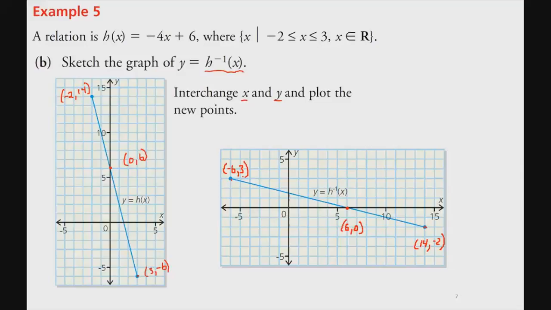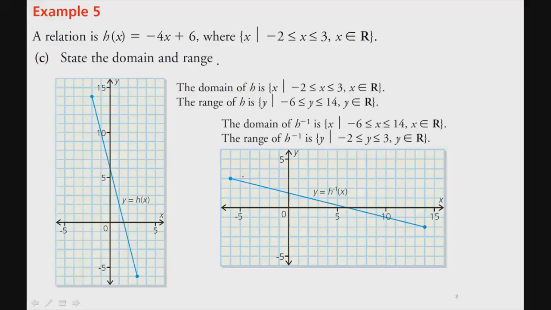So all we need to do is take our graph that is given, flip the x and y values, and replot those points. For stating the domain and range, an interesting thing happens here. The domain was given, so this was the domain over here, and this was the range over here. We could see the range easily. The range, we're going up to 14 and down to minus 6.